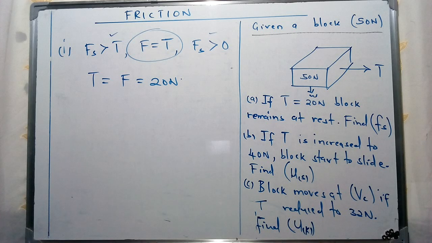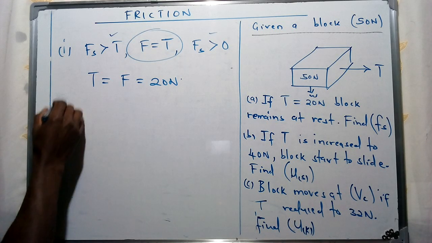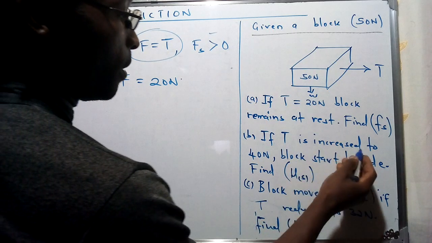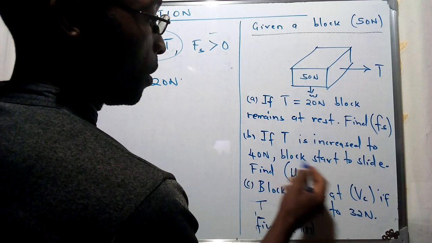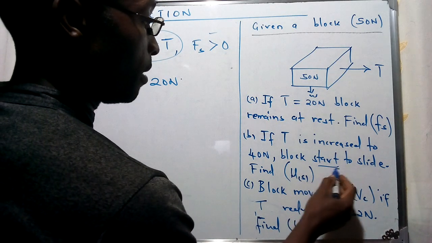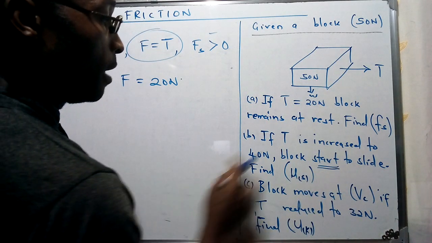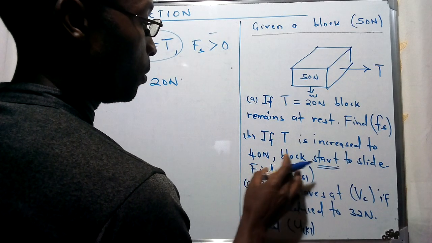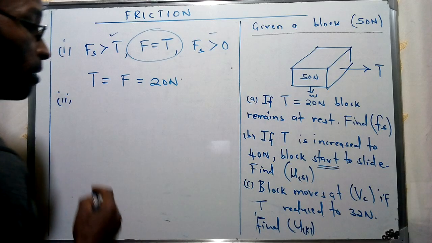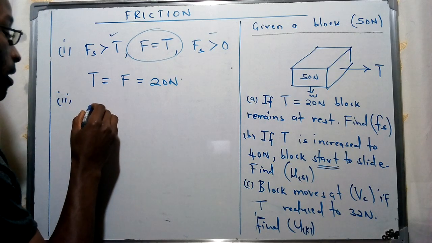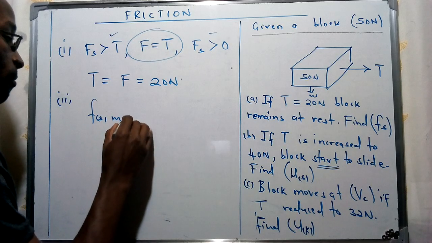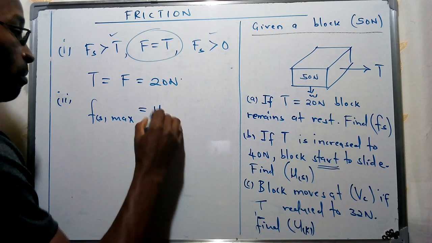So in this case, we're going to consider option B. If T is increased to 40 newtons, the block starts to slide. In our previous discussion, we said that for this block to move, the maximum static force has to be applied.